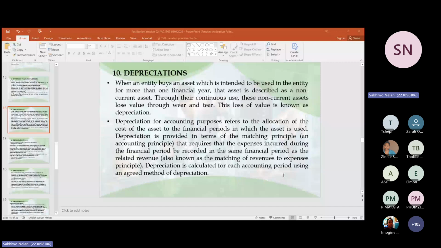Not all depreciation can be standard across the board. There are certain percentages that are used to calculate depreciation. Does anyone understand the types? There are a number of methods for depreciation. What types of depreciation are we aware of?